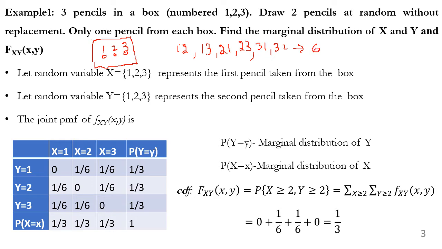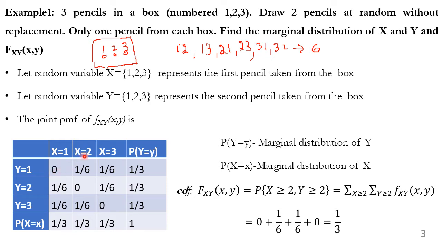Now let us look into the PMF table given here. When I draw the first pencil from the box, then there is no chance of drawing the first pencil the second time. So therefore, it is 0.